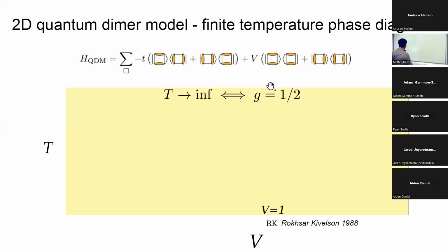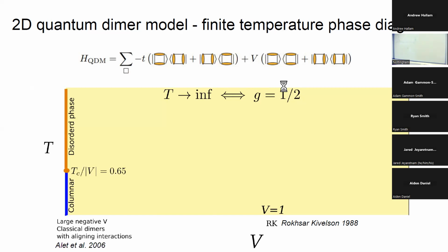So this should essentially be equivalent to the classical 2D non-interacting dimer configurations, and therefore, in that limit, we should be able to say that it is described by a Coulomb gas with G given by half, which we know from mapping to free fermions.